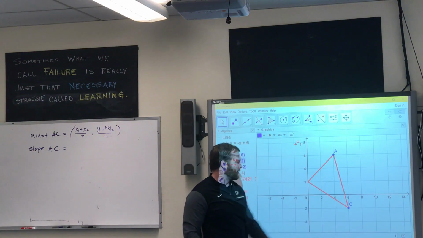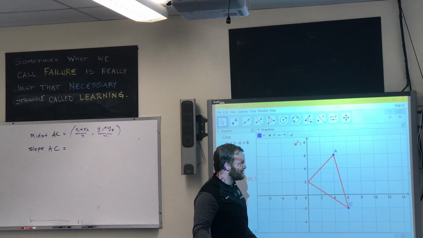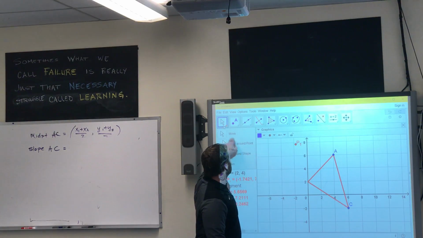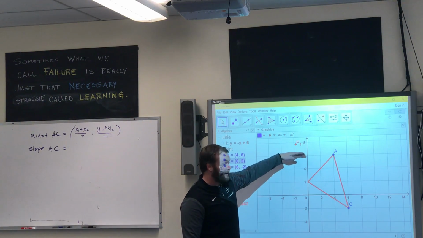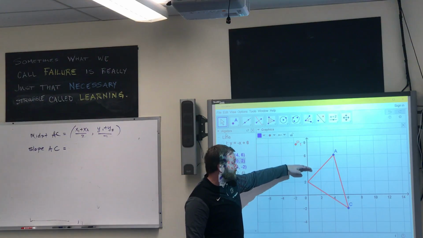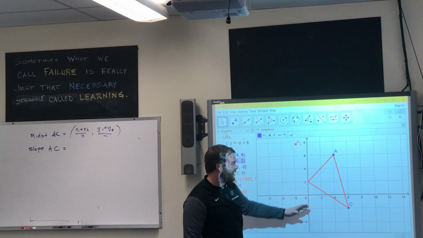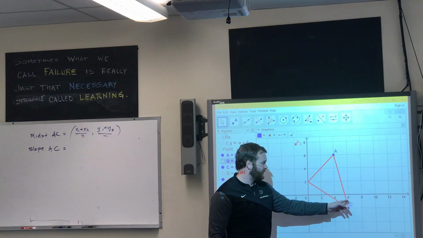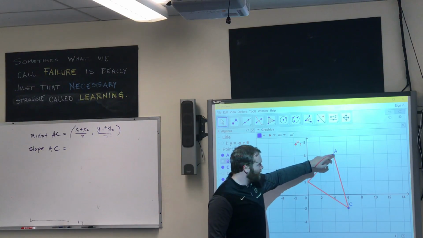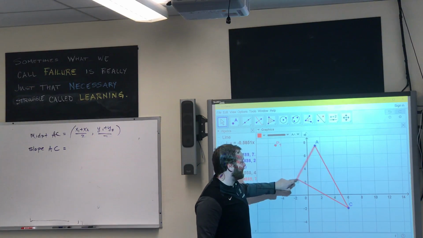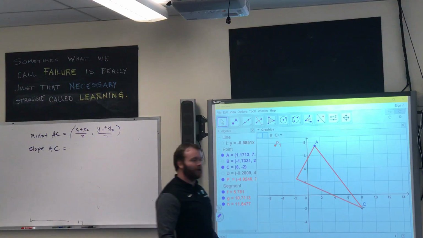So down 4 to the right 1, there's my slope. But obviously I went down by 2's, so I really went down 6 and over 2. But what if they gave me points like that? Then I couldn't count, right?